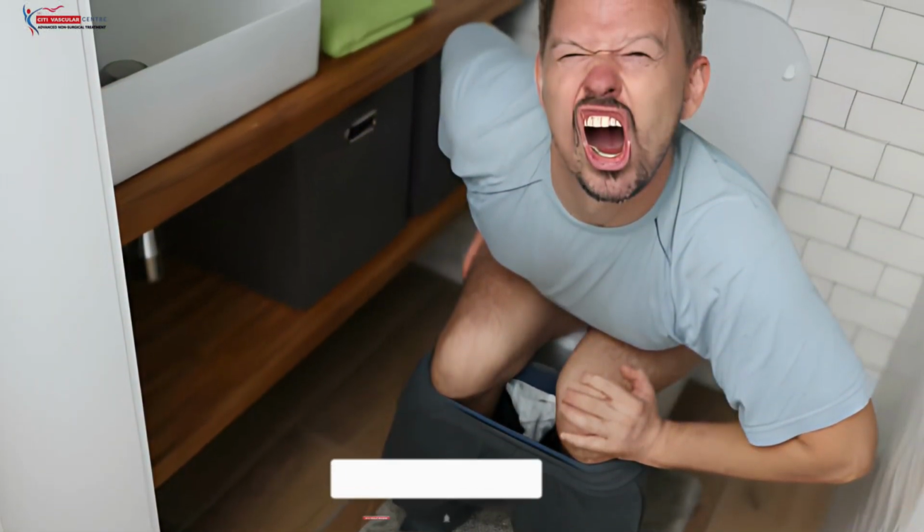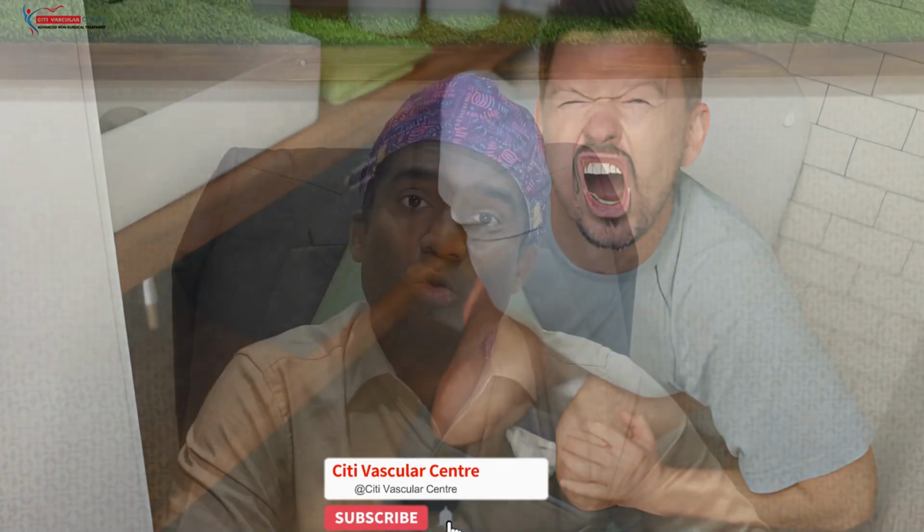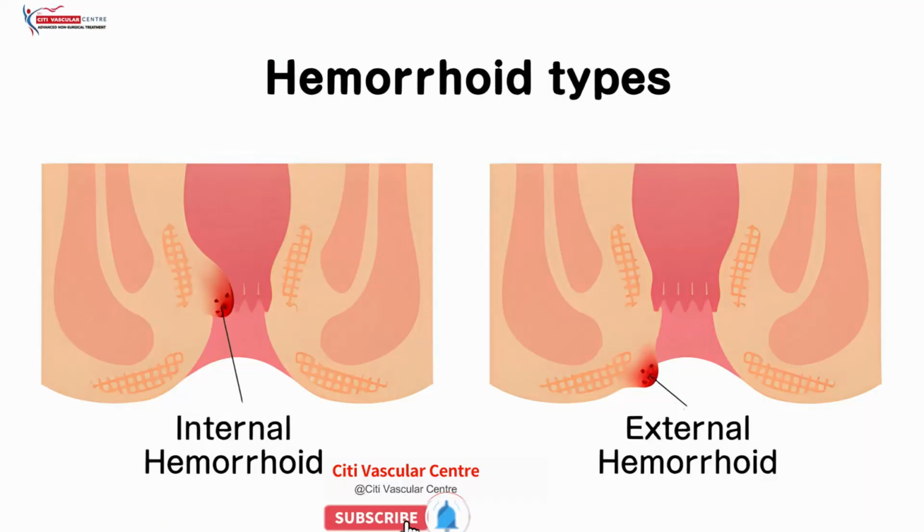Different patients present with different symptoms, and there are two groups of hemorrhoids: external hemorrhoids and internal hemorrhoids. There is a line called the anal verge; above it are the internal hemorrhoids and below the line are the external hemorrhoids.